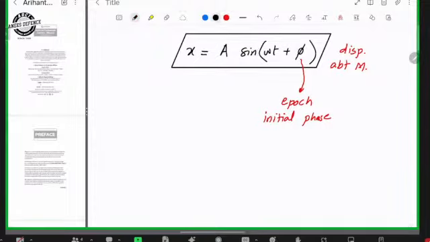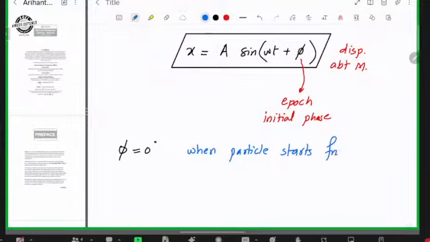Now, there are many cases. Phi is an angle, so it is called initial phase. Phi is 0 degree when the particle starts vibrating from the mean position. If the particle starts its motion from its mean position, I will take phi is equal to 0.